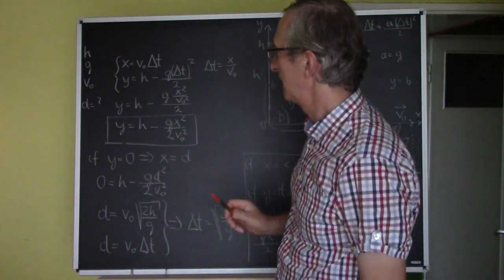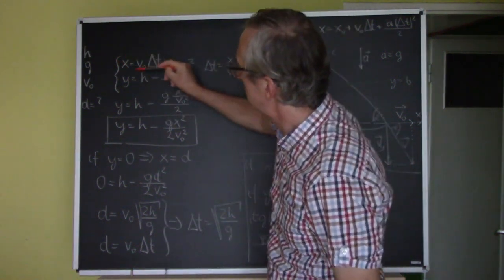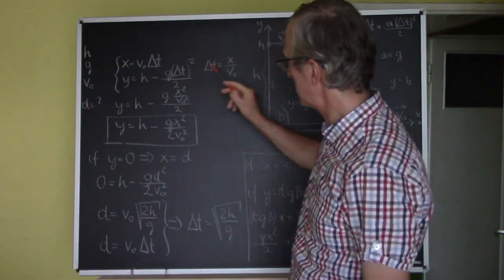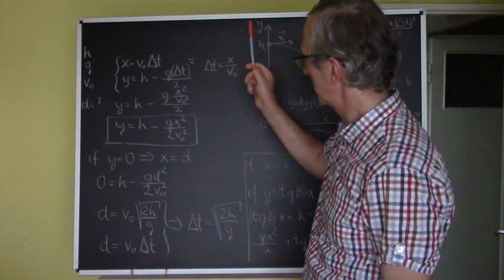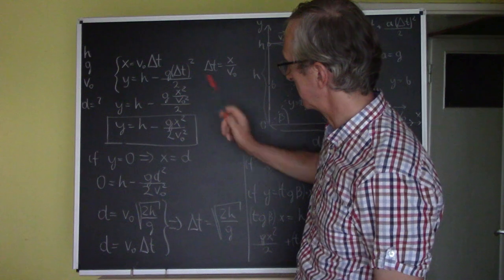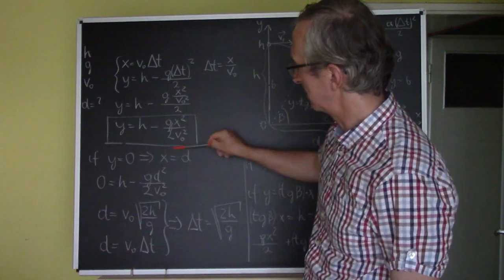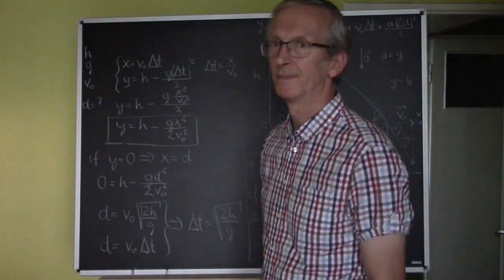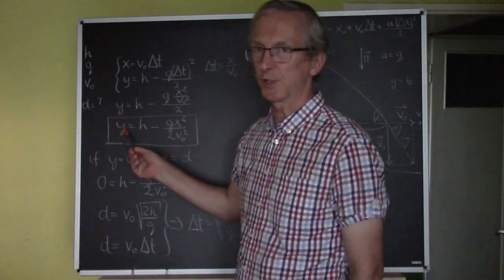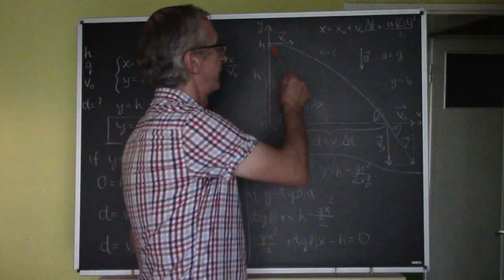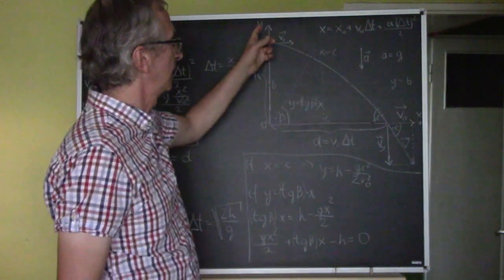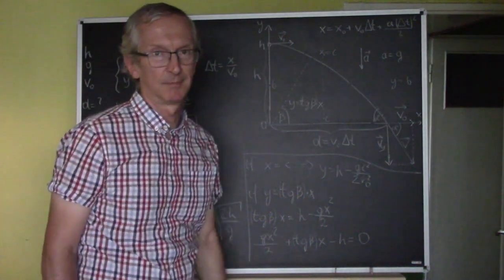We will transform the first equation and calculate delta t from it. It's done here. Next we put the right side of this equation here, it's done here, and change the form to such. So now we have the equation of the path of the flying body in the coordinate system y x.